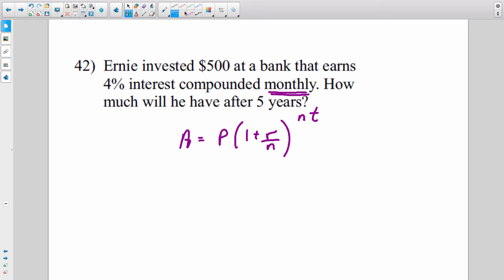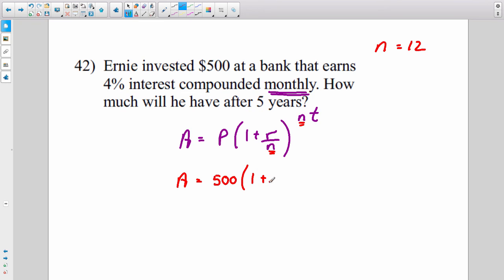So we introduce this new n when you have some sort of compounding. So what's our compounding? Monthly. So 12. There's 12 months in a year. So let's see what we get. The amount Ernie will have is equal to the amount he started with, which was 500, plus 0.04. He's earning money, so his interest rate is positive.